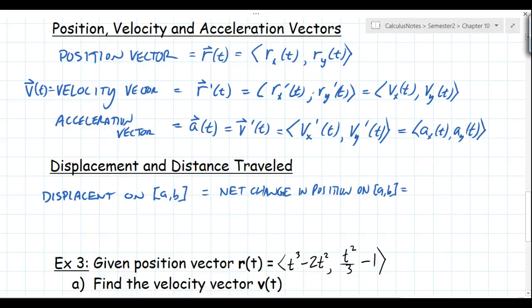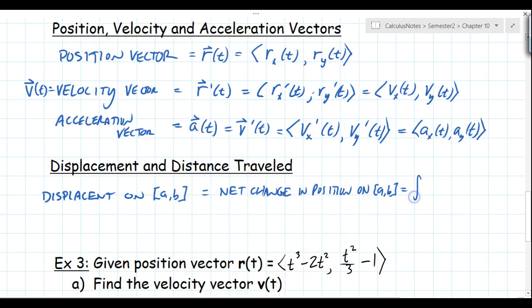How do you get net change in position? What kind of integral? What are we going to integrate if we want change in position? Yeah, you always integrate the function's derivative to find its net change.